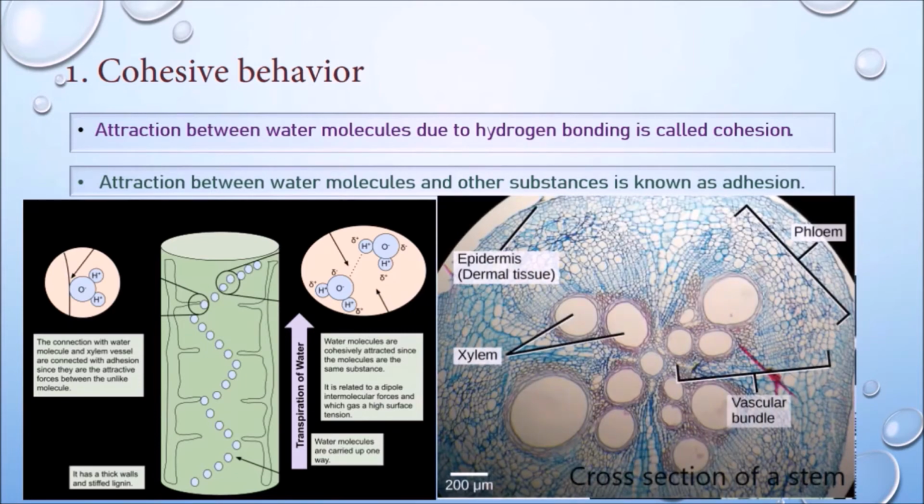Transpiration provides pull for the ascent of xylem sap, and cohesion of water molecules transmits this pull along the entire length of the xylem from shoots to roots. High surface tension is also due to the cohesion between water molecules.